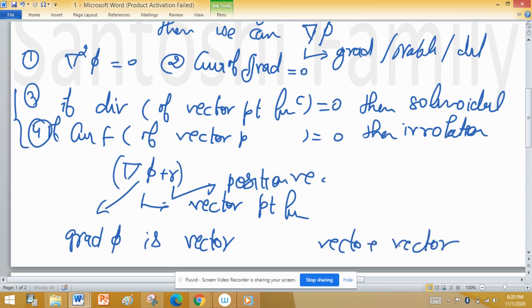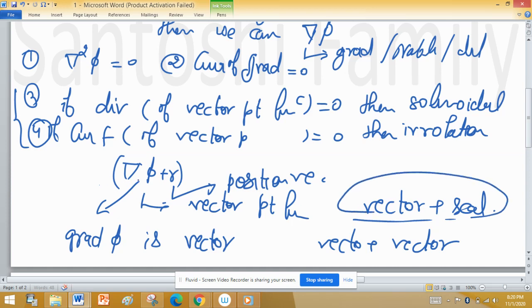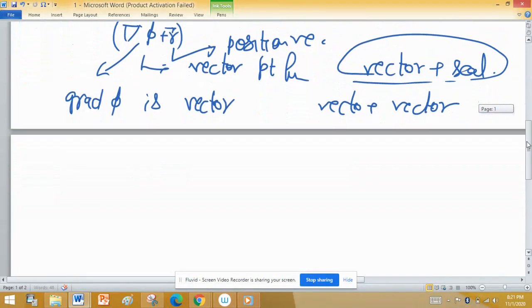We cannot add a vector plus a scalar quantity. It is given to us del phi plus r, where r is a position vector.